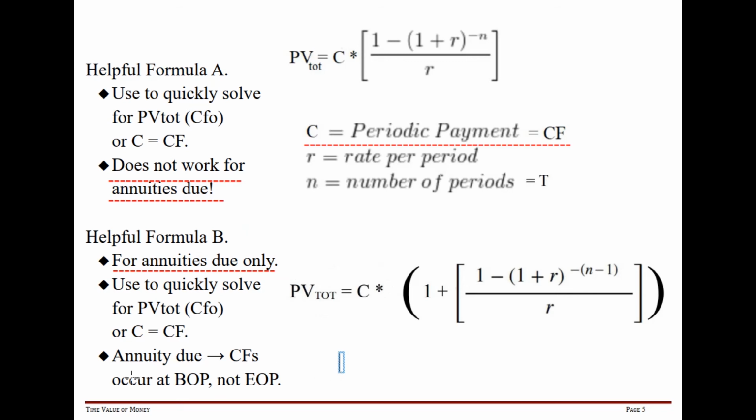And the key thing to remember about annuities due is that the cash flows occur at the beginning of the period, not at the end of the period. And really, our only example use case for these was leases. Okay, so that's it for the types of cash flow problems that we looked at and the associated formulas that we needed to use to help solve all those types of cash flow problems.